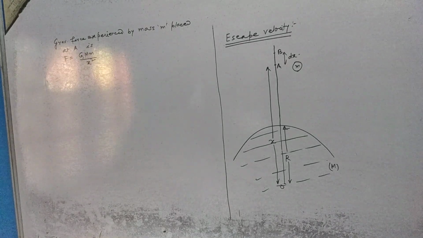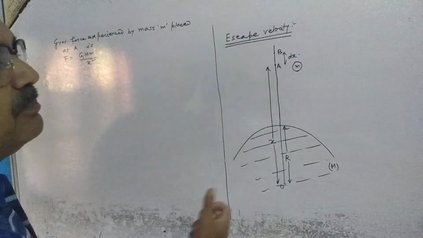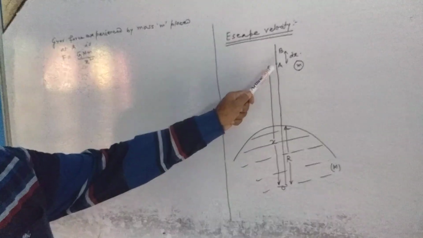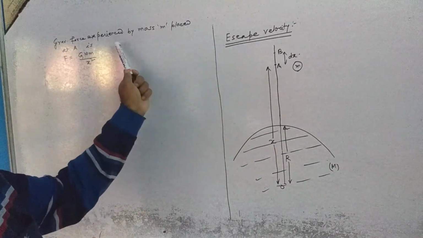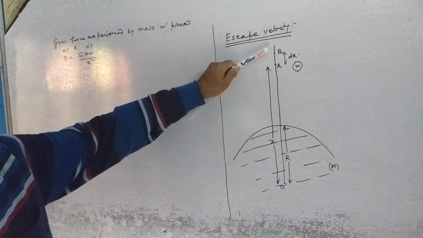Okay, what will happen? It will be attracted by the planet. Now what we do? We shift it just against this gravitational force from A to B. Some work will be done.